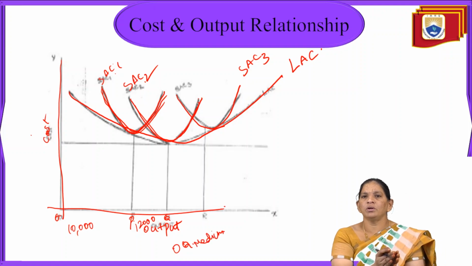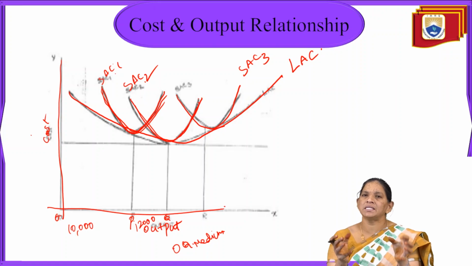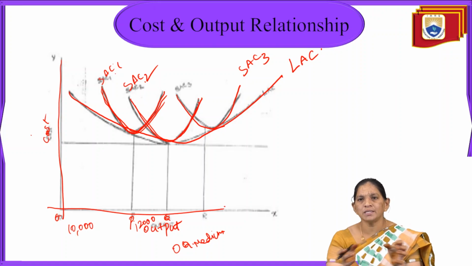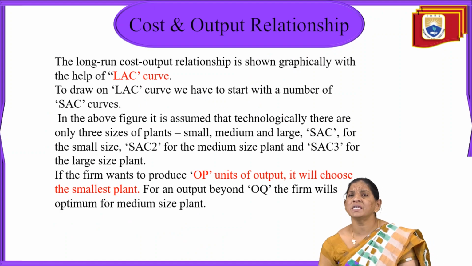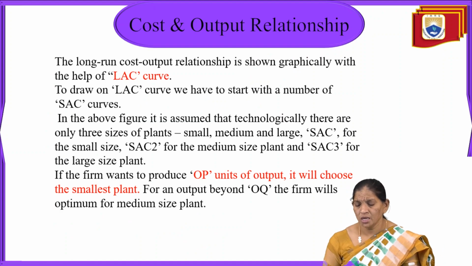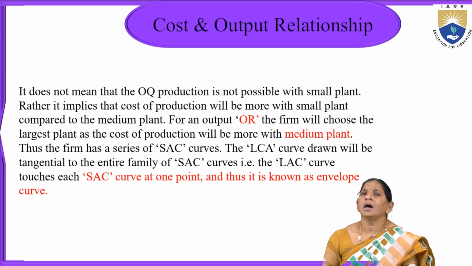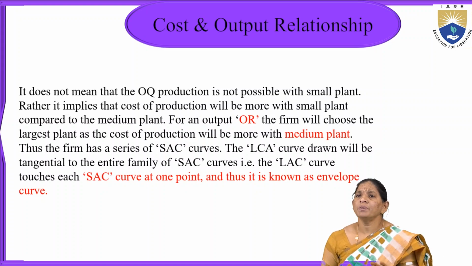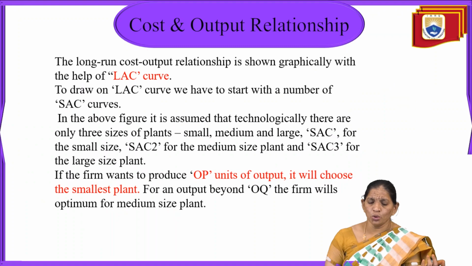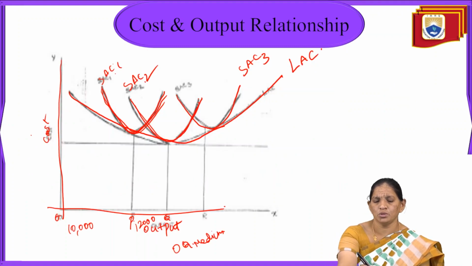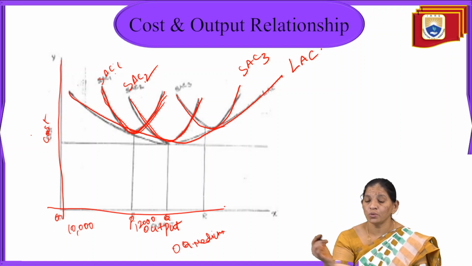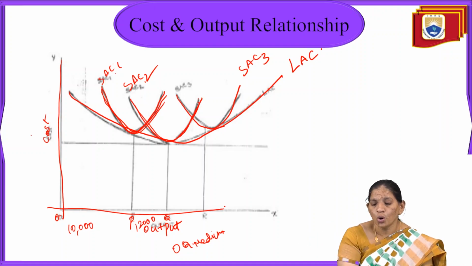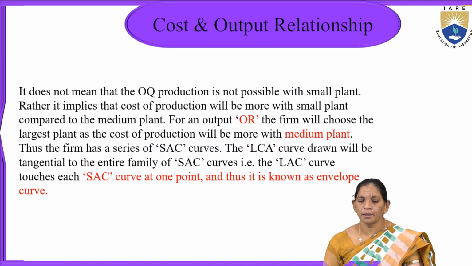It means from short run I have expanded, maximally utilizing the capacity, and I can increase to medium size plants or medium capacity. If medium capacity is required, I can't stay on this cost curve. With 10,000 I can't go for a medium. I want 12,000. That's why I can go for OQ as a medium capacity.